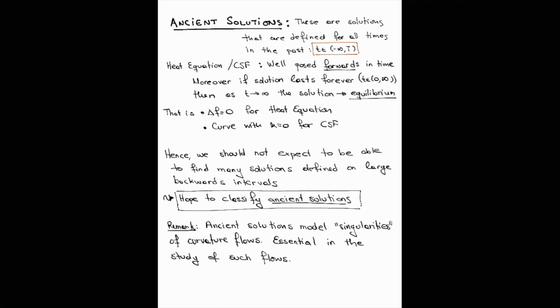What we want to do is study these high curvature regions to be able to flow past the singularity. And it turns out that at these singularities, if you zoom in, what you get is an ancient solution. So these ancient solutions pretty much model singularities of curvature flows, or in this talk, of curve shortening flow.